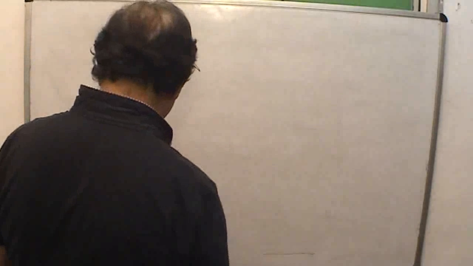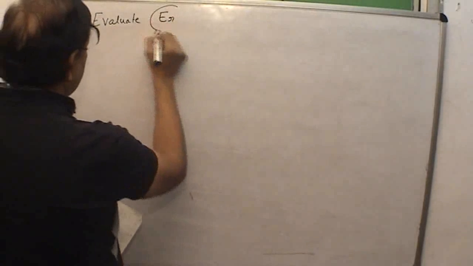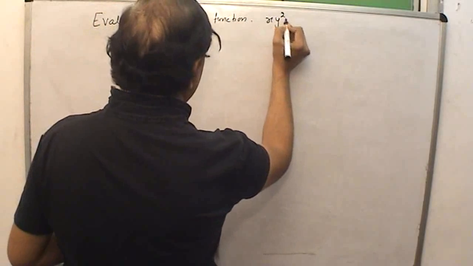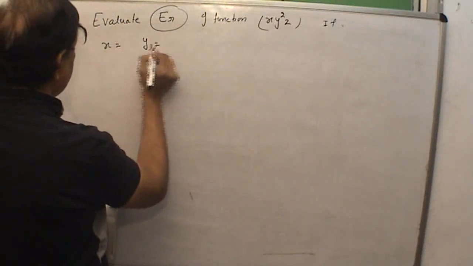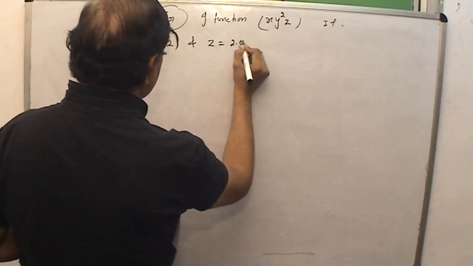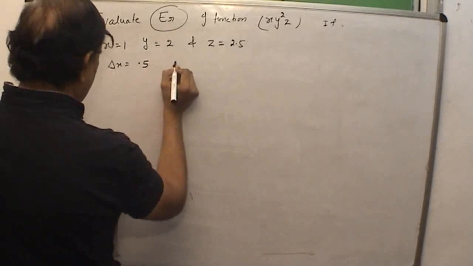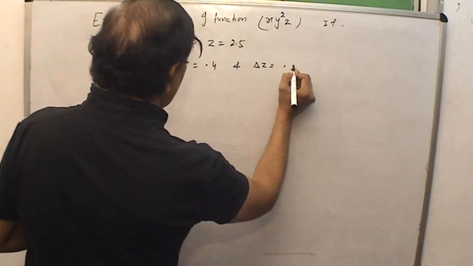Say we evaluate the relative error ER of the function x y square z, if x is equal to 1, y is equal to 2 and z is equal to 2.5, and given delta x, a small change in x, is equal to 0.5, delta y is equal to 0.4 and delta z is equal to 0.1.